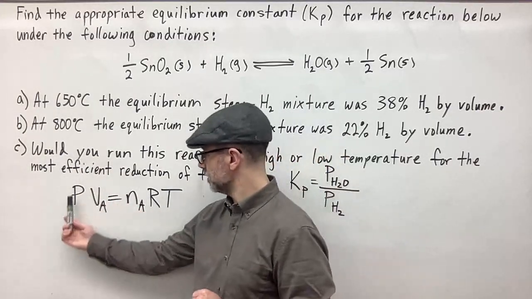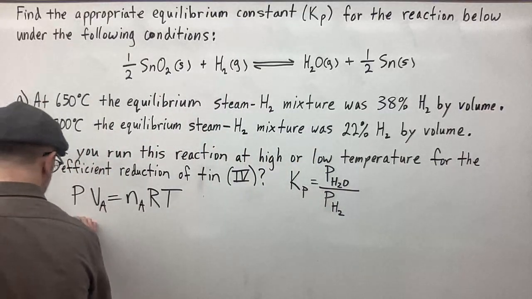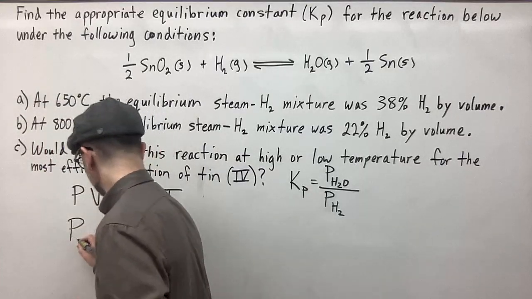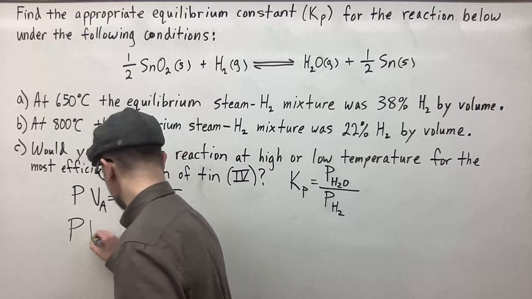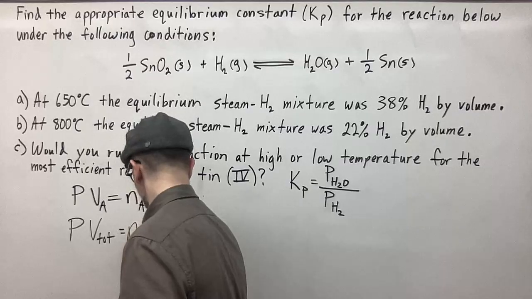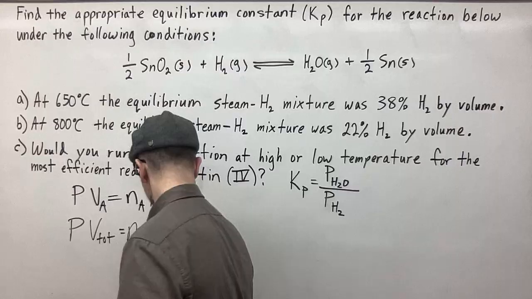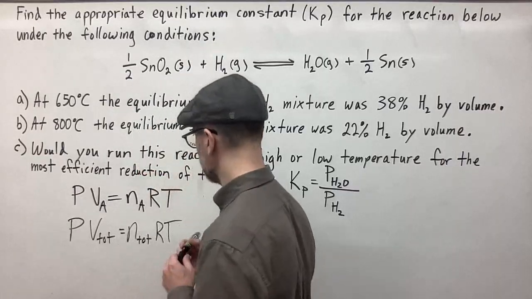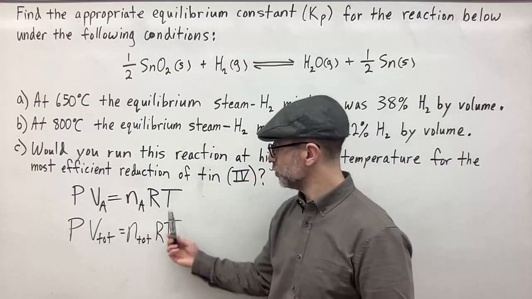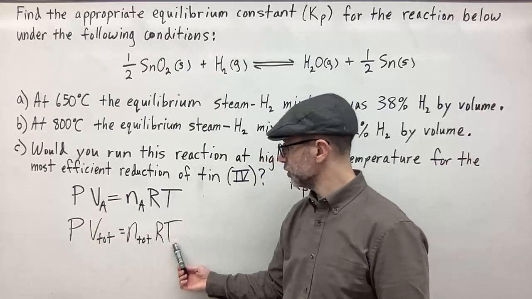So if, under these conditions, we compare that to the total pressure, we have the total volume, right? So we have the pressure multiplied by the total volume equal to the total moles times RT. And so under these conditions, pressure is held constant, R is constant, temperature is held constant.